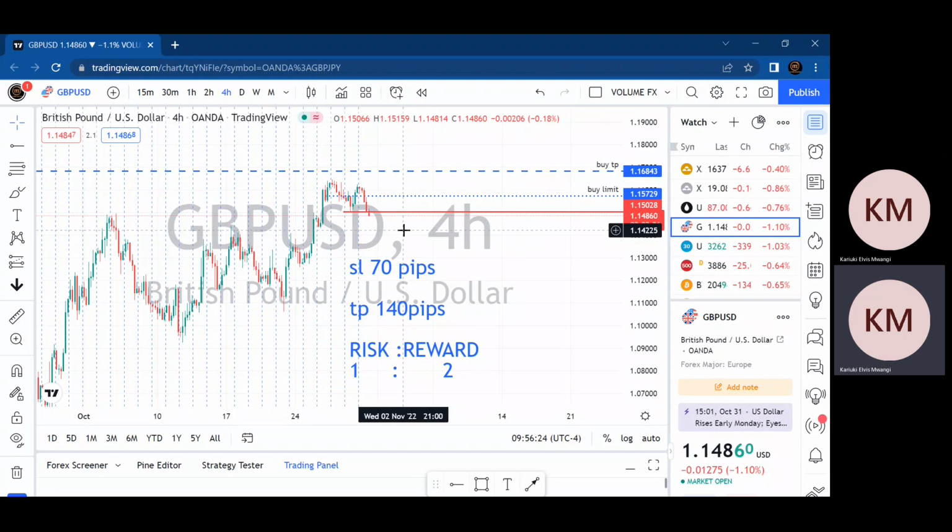The minimum that is advisable is 1:2. There are times I have 5 losing trades using 1:2, but my 6th trade I get 1:8, whereby if I'm risking 70 pips, I'll gain 450 pips.